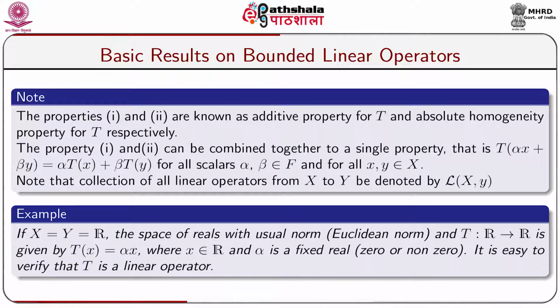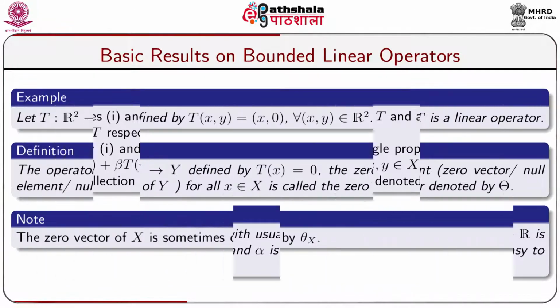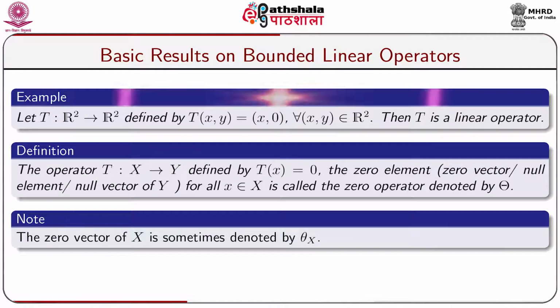So, it is easy to verify that T is a linear operator. We take another example. Let T be acting from R2 to R2 defined by T of (x, y) is equal to (x, 0) for all (x, y) belonging to R2. Then it is easy to verify that T is a linear operator.